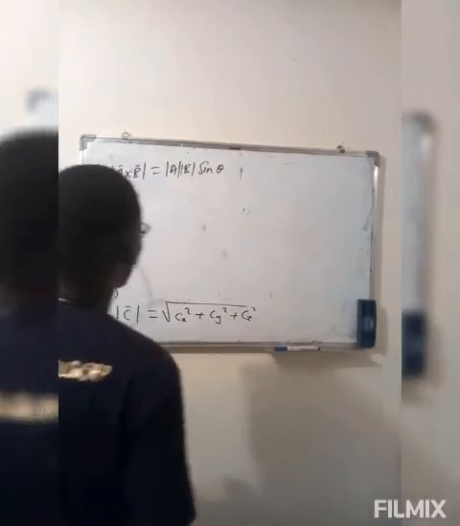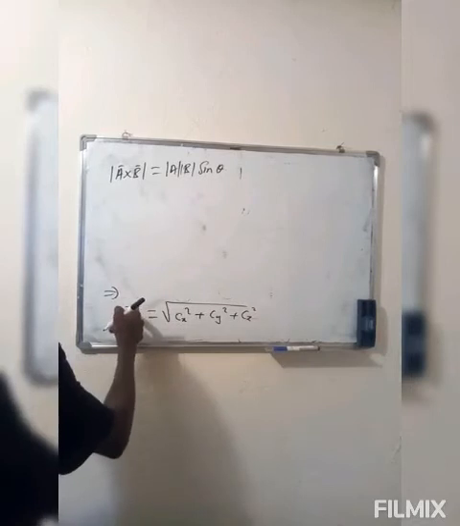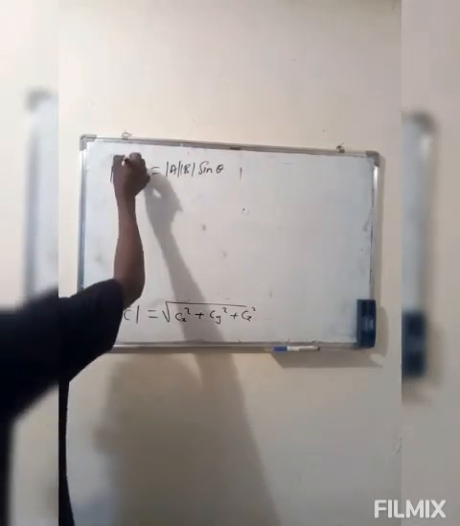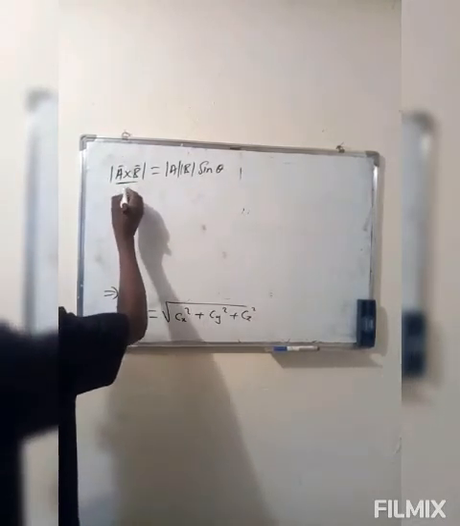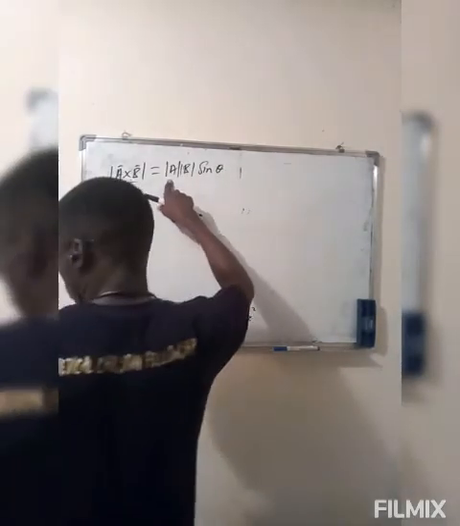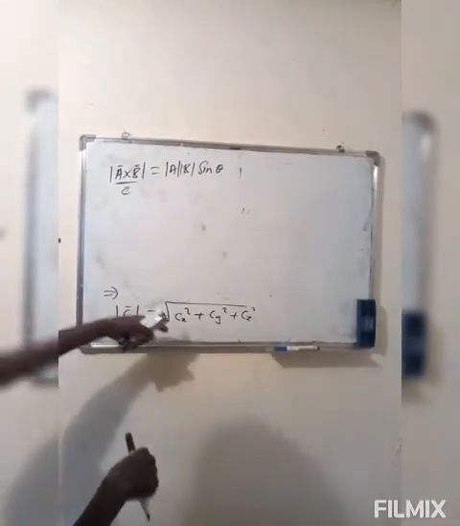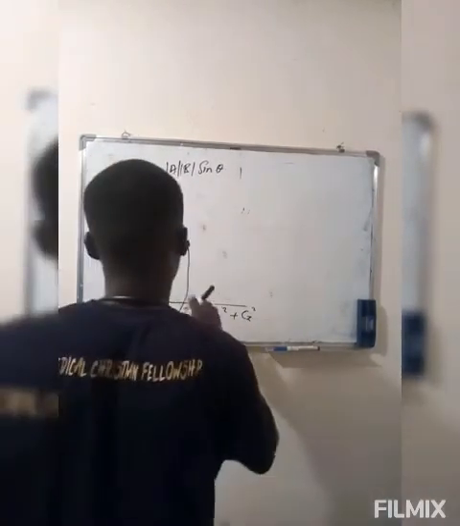We already have the magnitude of A cross B, which is vector C. So all we need to do now is find the magnitude of A and the magnitude of B, and then put them together into this formula.